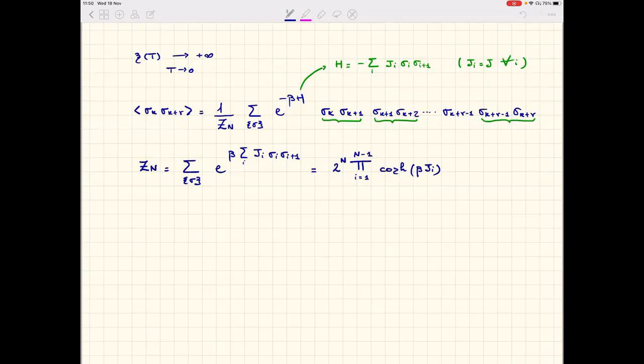Because if one spin is pointing in one direction, the other one at a certain distance is going to be with high probability pointing in the same direction, because the correlation function is positive, right? If instead it's negative, then if one spin is pointing in one direction, the other spin at a certain distance is most likely going to be pointing in the opposite direction. You say that they are anti-correlated.